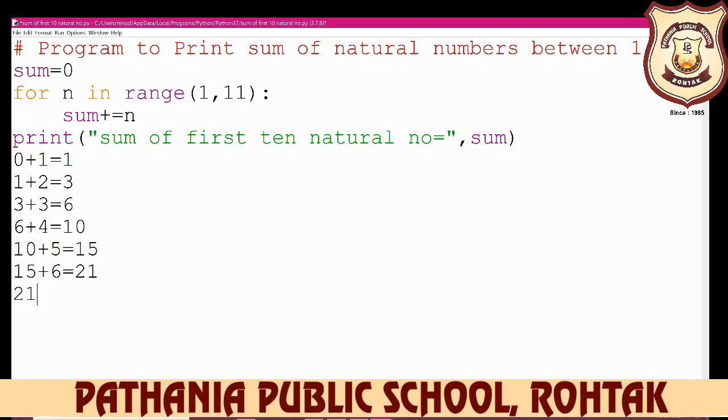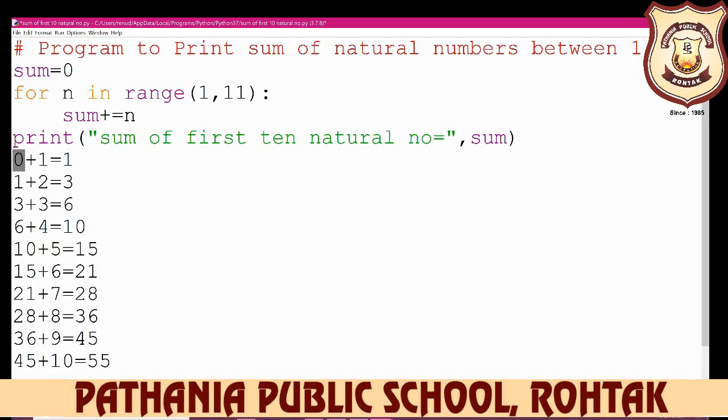Now your sum is 21, plus 7 is equal to 28. Sum 28 plus the next number 8 is equal to 36. The sum of the first 8 natural numbers is 36. Then the next number is 9: 36 plus 9 is 45. Sum 45 plus the next number 10, then your answer is 55. So the first 10 natural numbers are calculated in this way.